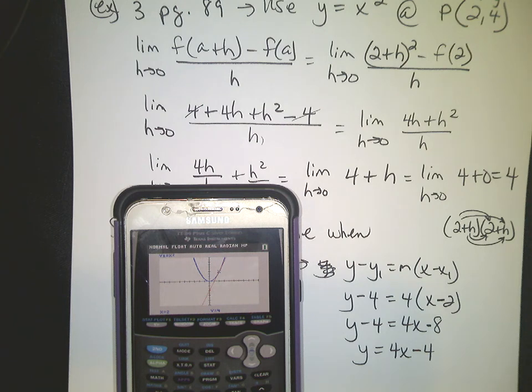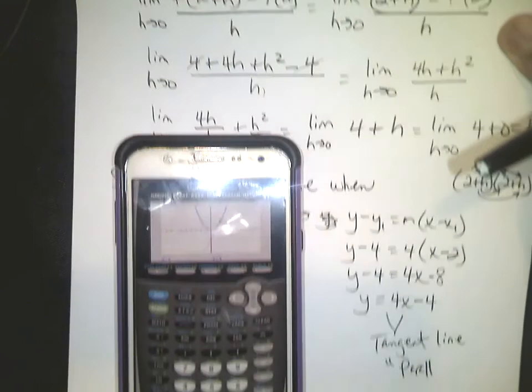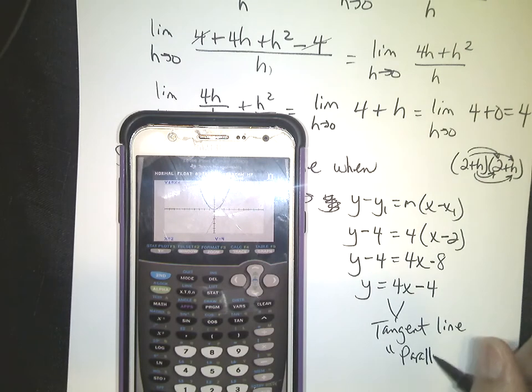So this is called the tangent line. The tangent line is parallel slope.